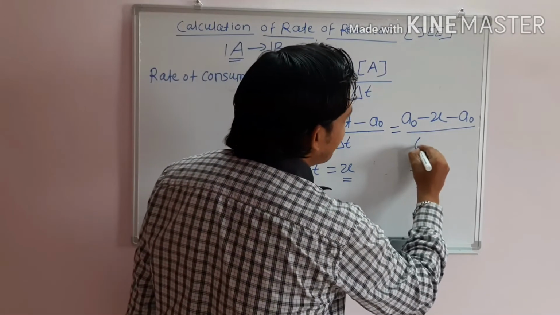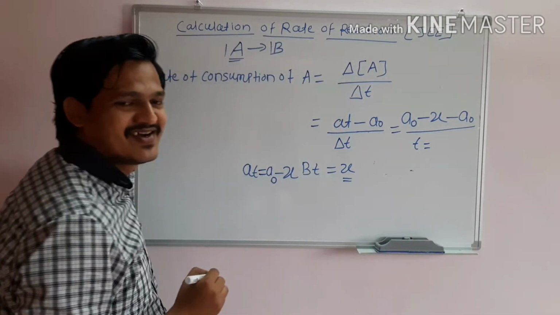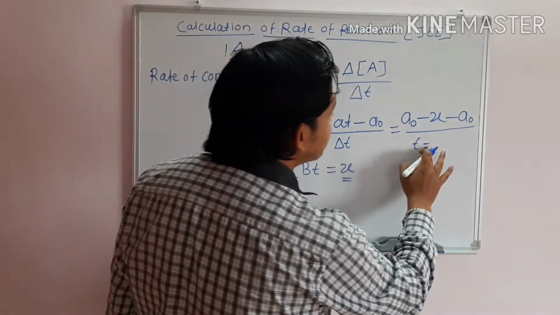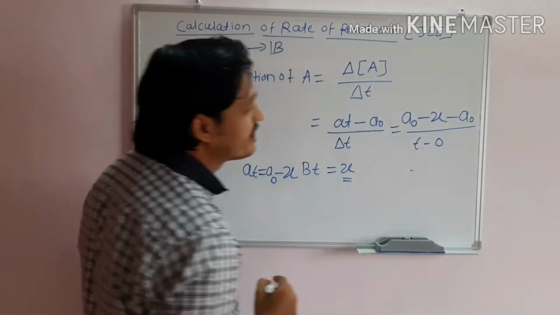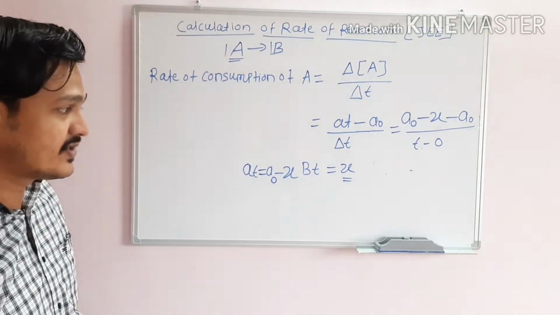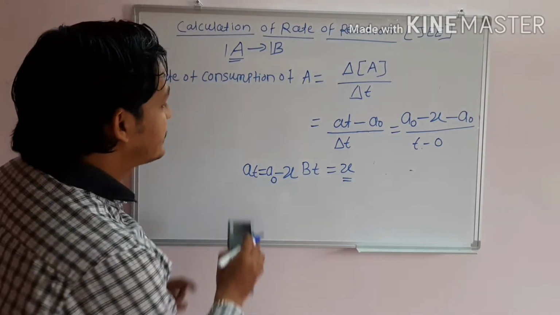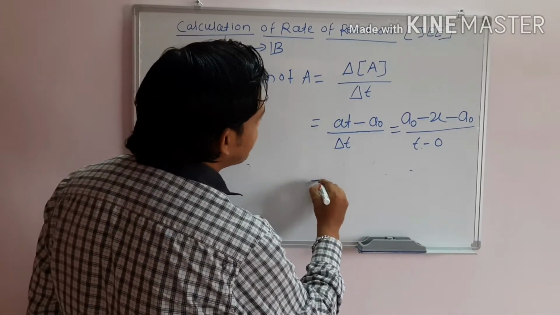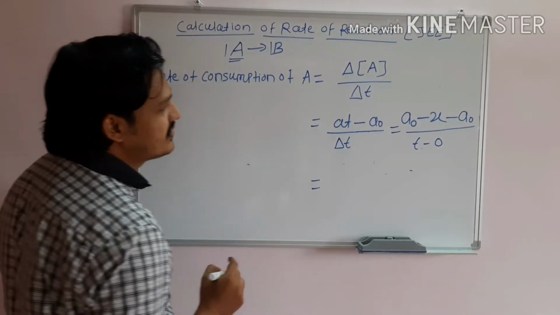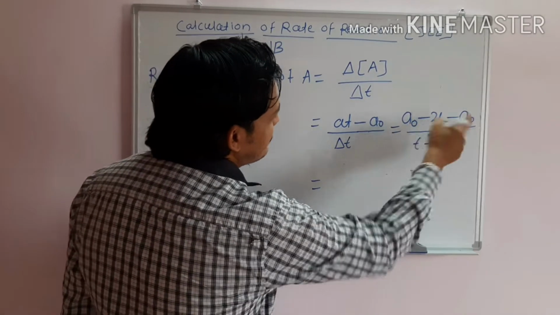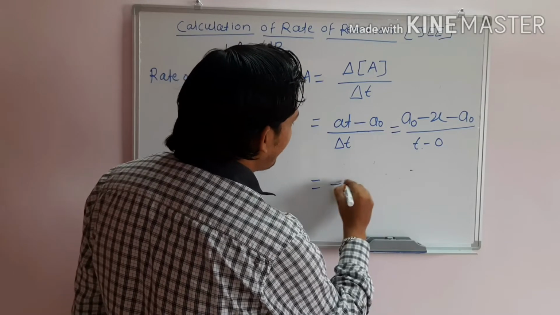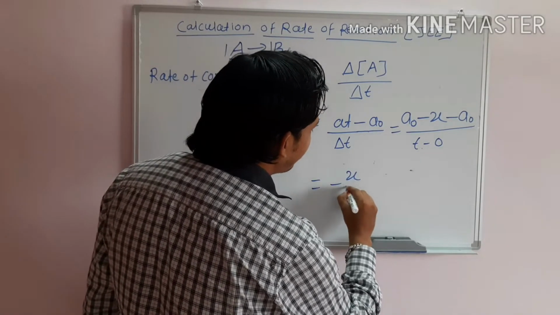Final time is t, and the initial time is 0, so t minus 0. Then what is the calculation for this expression? At minus A0, the A0 cancels out, so only minus x by t remains.